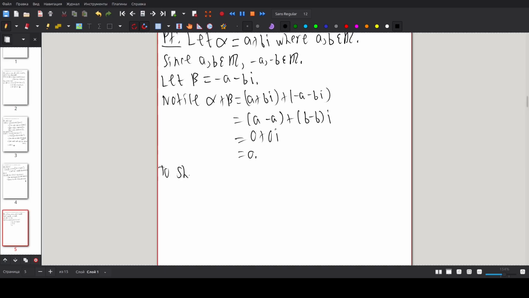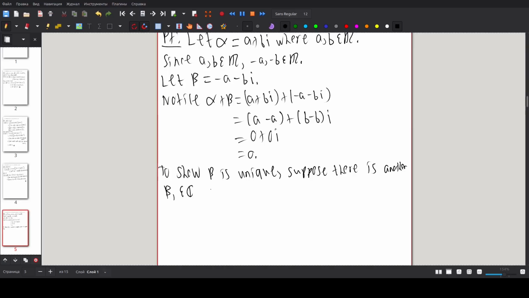to show beta is unique, we're gonna pretend there's another one. Suppose there is another, I don't know if another is the best word, but I'm just going to say another beta 1, supposed to be in the complex numbers, such that alpha plus beta 1 equals 0.